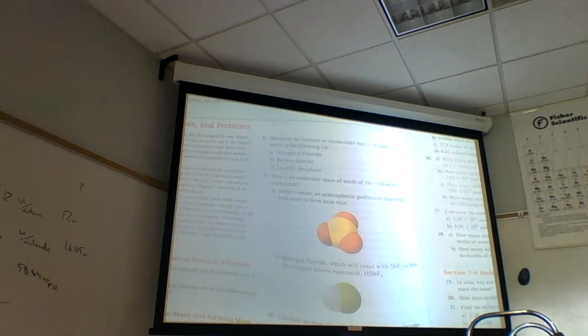So this is 218.23. Now, barium chloride is different because is barium chloride molecular or ionic?